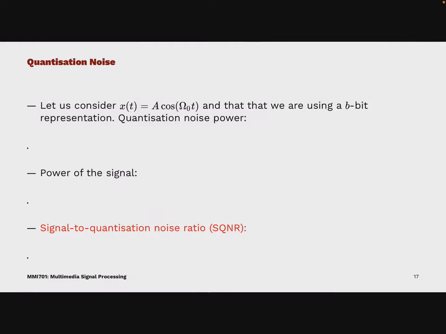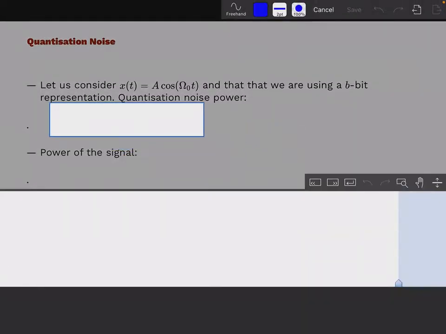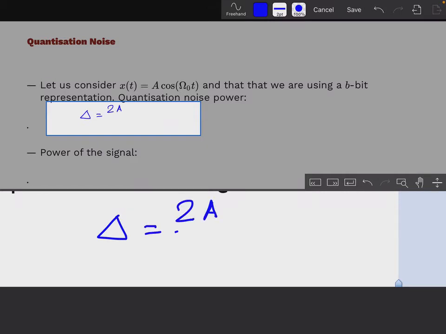So let us assume that the signal, let's say a cosinusoidal signal, x of t, a cosine omega 0 t, is varying between minus a and a, and we are using a b-bit representation. So the quantization noise power is then, delta is equal to the quantization step size, that is 2a over 2 to the power b.